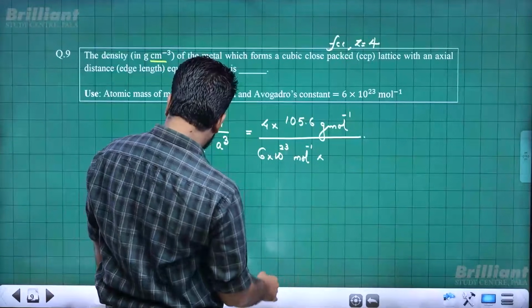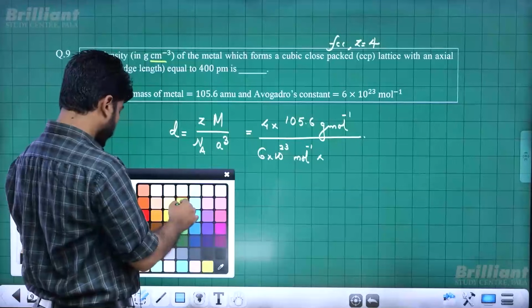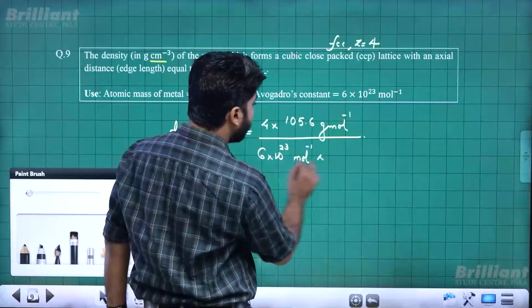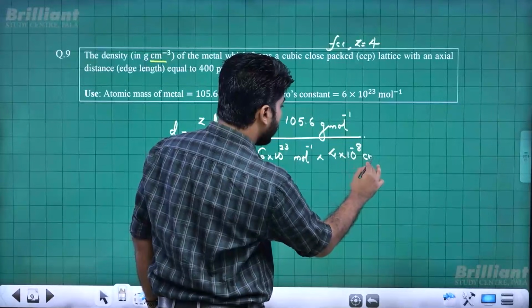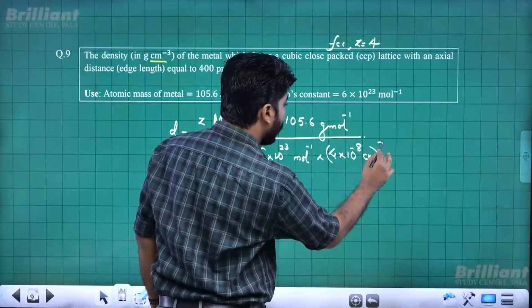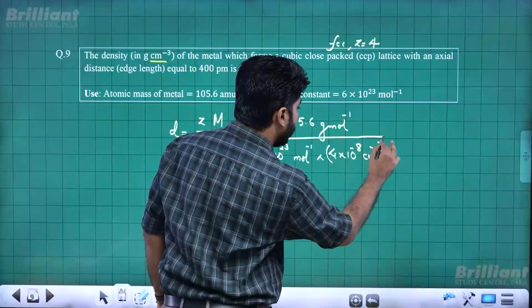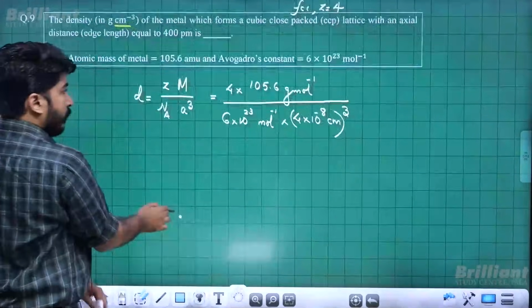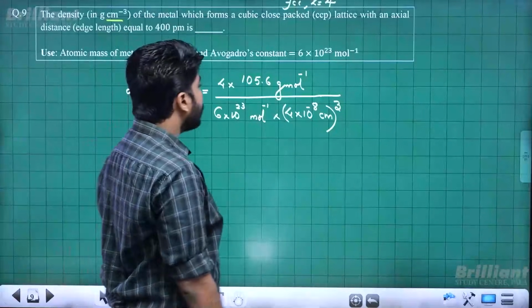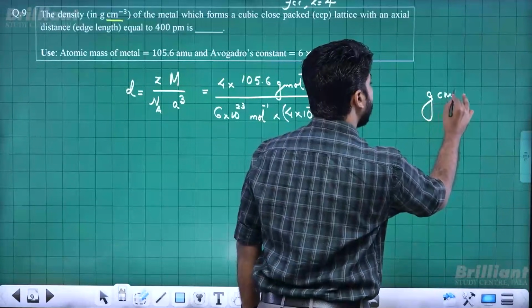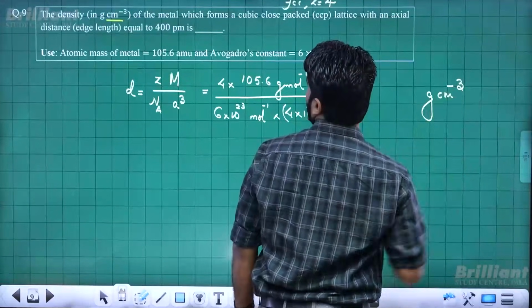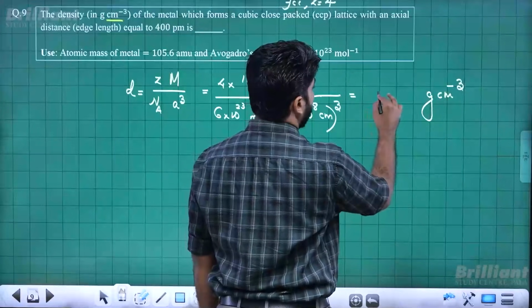So if we convert 400 picometer into centimeters, that is 4 into 10 raised to minus 8 centimeter, its whole cube. So this expression is directly giving us an answer in gram per centimeter cube, which is 11.